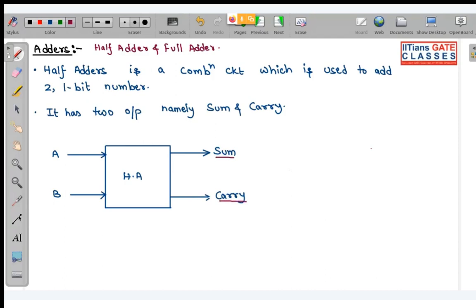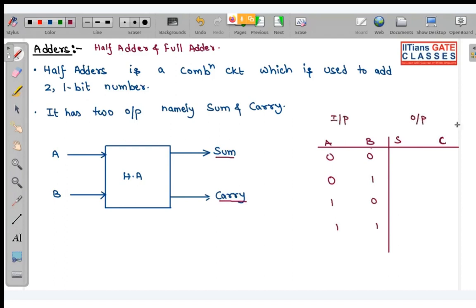So let us see the combinations of A and B, like this. Okay. So these are your inputs and this is your output.